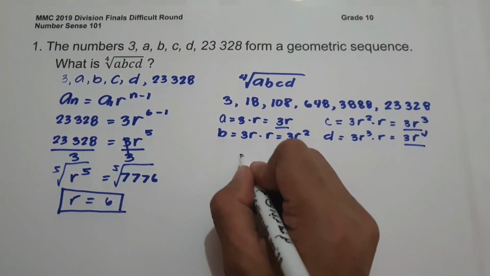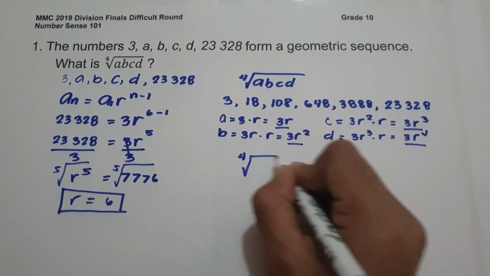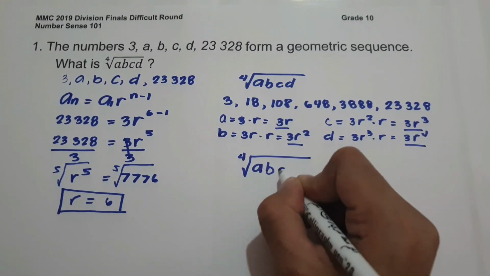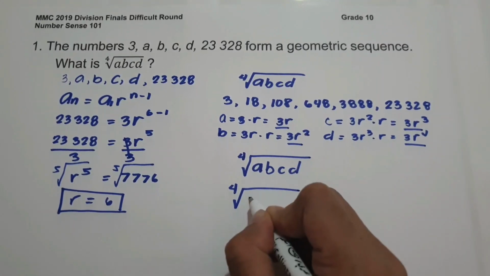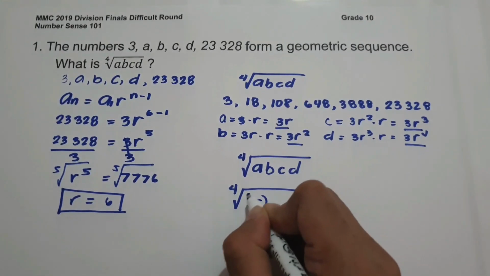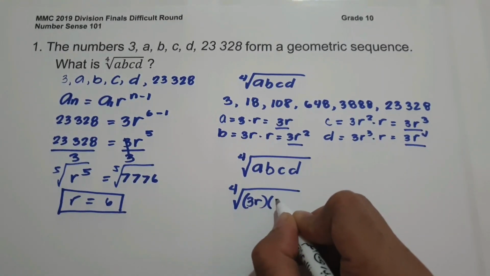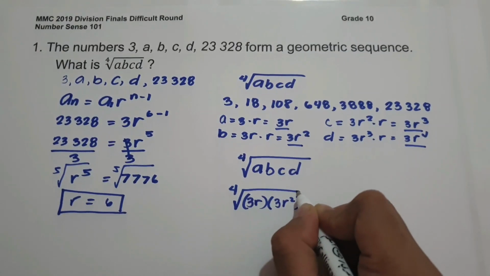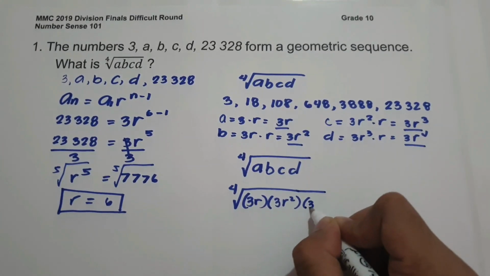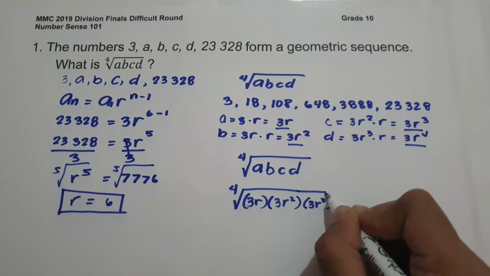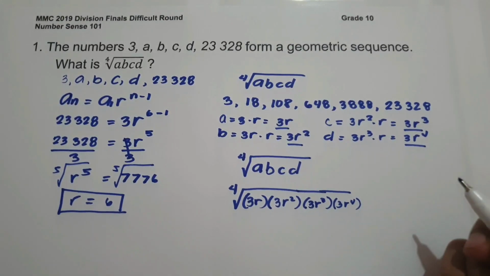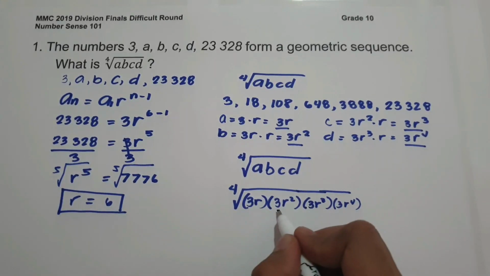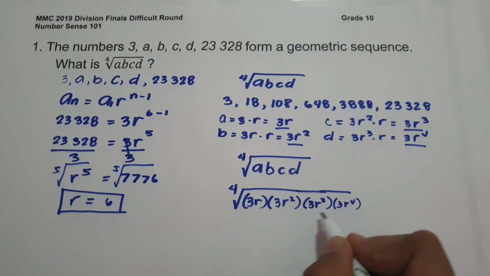So let us have now the expression, the fourth root of ABCD. The fourth root of A, that is 3r, times B, that is 3r squared, and then C, that is 3r cubed, and then D, that is 3r raised to 4. 3 times 3 is 9, times 3 is 27, times 3 is 81.